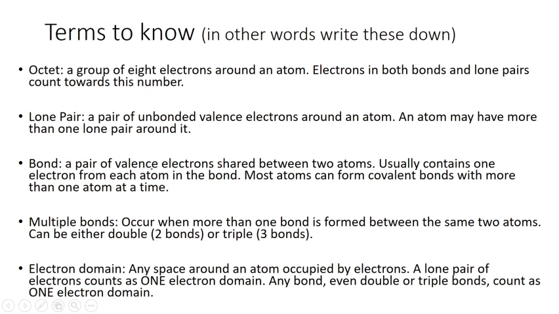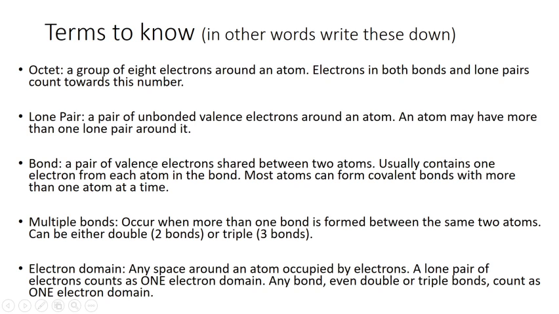Now, before we get into drawing Lewis dot diagrams and the structures of these molecules, there are some terms we should know. So the first term, an octet. This is a group of 8 electrons around an atom, and electrons in both bonds and lone pairs count towards this number.